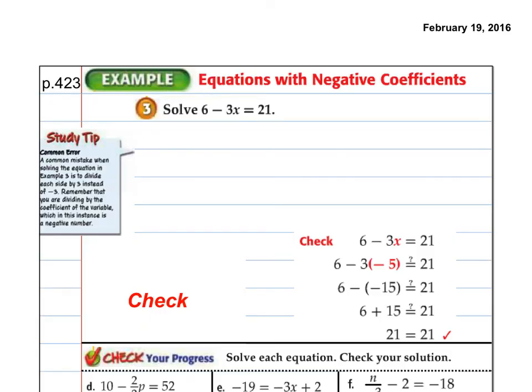So sometimes there's negatives. Pay close attention here. This is the biggest issue for 8th graders. So a common mistake is that you think that because you see a subtraction sign that you should add 6. But we are not subtracting 6. That's not reversible. So what we're going to do is rewrite this.